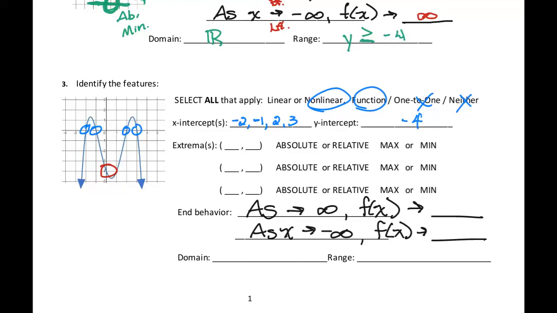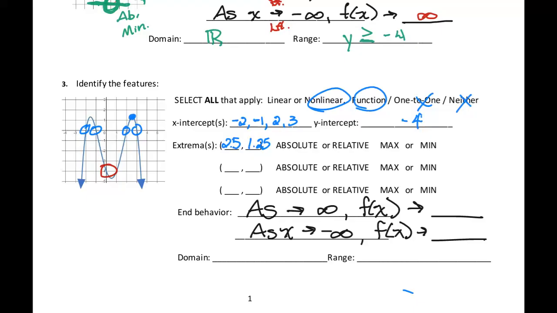I'll tell you what, it won't be this hard on the test. 2.5 and what? Maybe 1.25? Okay. That would be this point right here.